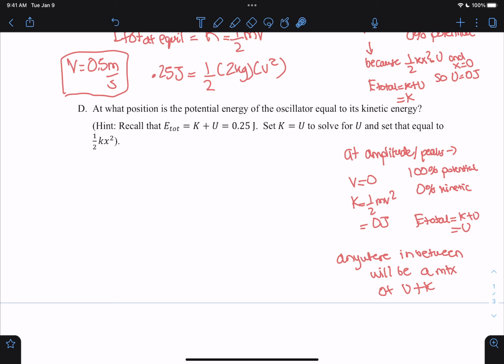Then in order for kinetic and potential to have the same amount of energy, what would they each have to be to equal 0.25? Exactly, right? So they each should be 0.125 joules plus 0.125 joules to give me a total of 0.25 joules, right? So that's what I said, where you have a mix of kinetic and potential at a specific point.